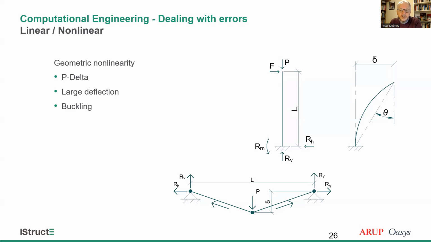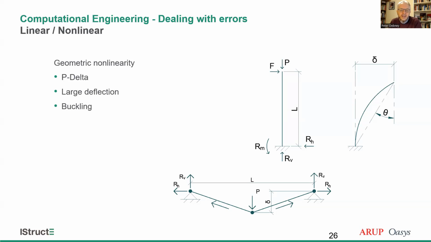But if things are moving a lot, then that is not up to scratch. So you might want to do a P-delta analysis, for sway sensitive frames, for example. The sway, the deflection, introduces an additional deflection, the delta times the force gives additional moments on the structure.